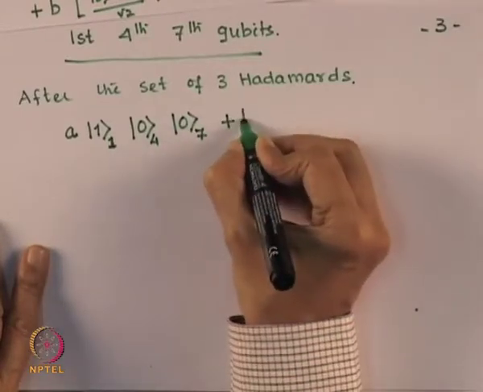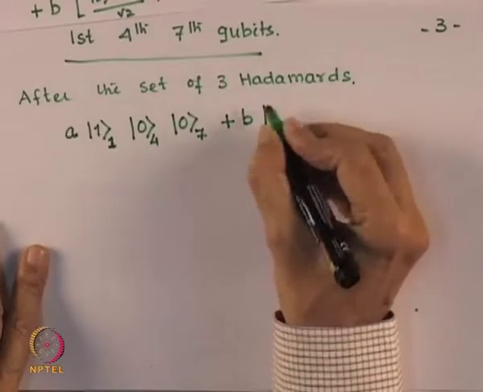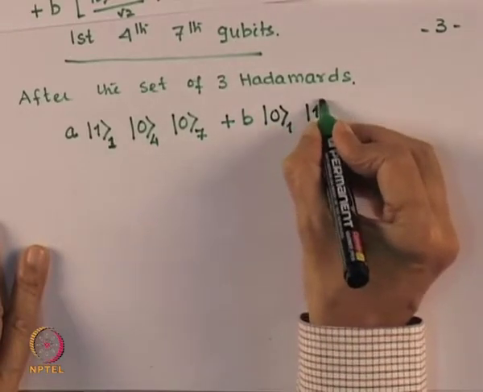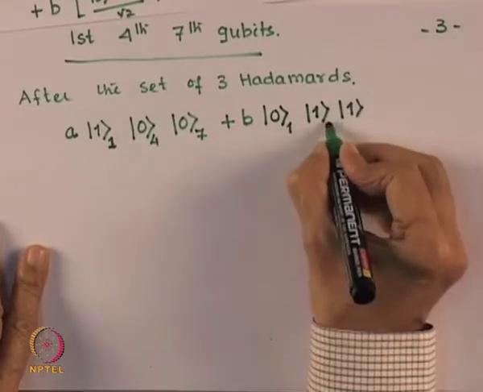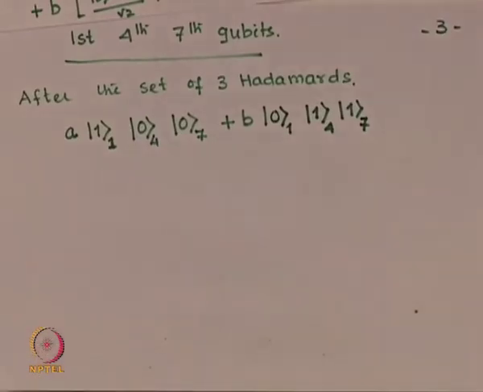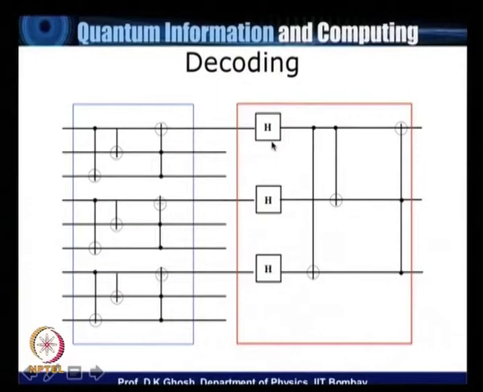Plus B times 0, 1, and 1 on the fourth and the seventh. This is what happens if you look at the slide which has 3 Hadamards.